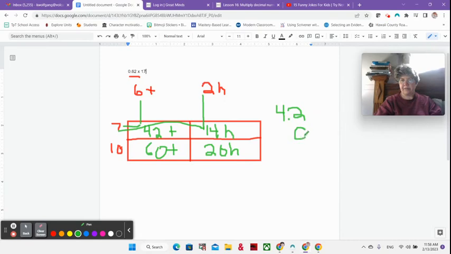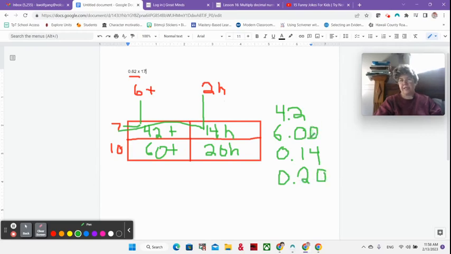So the 0 is in the tenths place, and the 6 is in the ones place. 60 tenths. 14 hundredths. The last digit is in the hundredths place. And 20 hundredths. The 0 is in the hundredths place. So that's the same as 2 tenths, right?